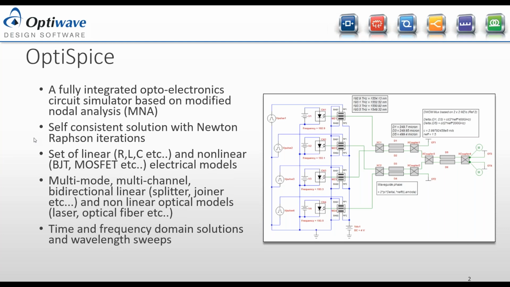Now, on top of this basic infrastructure, we have built optical capabilities. In contrast to electrical signals like voltage and current, our optical signal is a complex number. This is because we have to simulate the carrier, which has a magnitude and a phase.